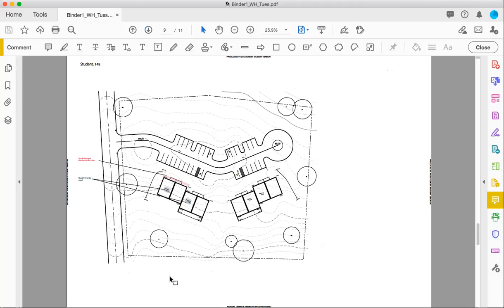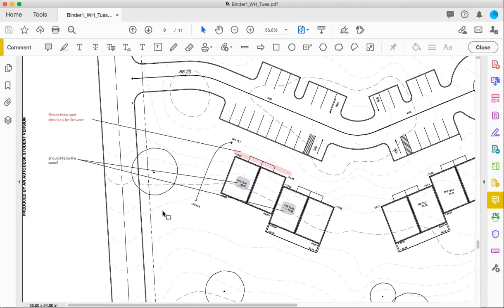Okay. Let's see. The questions are, should these spot elevations be the same? Not really. They would not be the same, and they will be calculated later on based on your contour locations. Of course, you can modify the contour to make them the same. For instance, if your contour pattern is made bigger like that, that would be higher than that one, right?